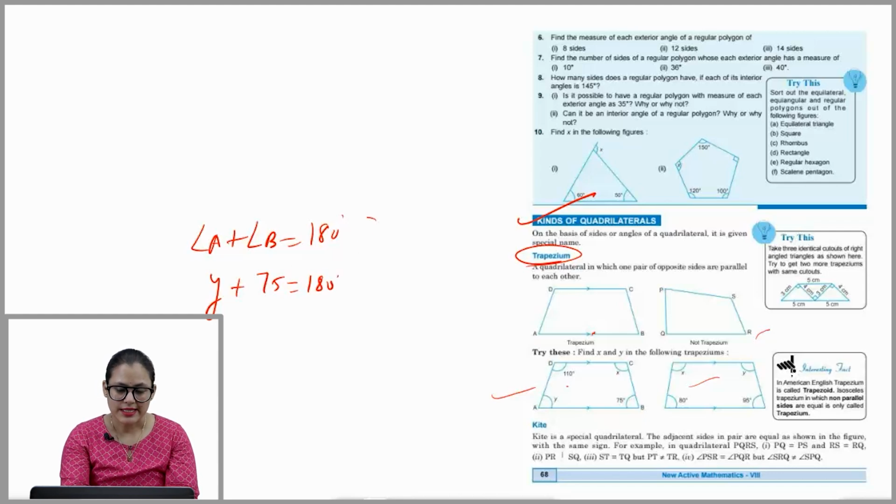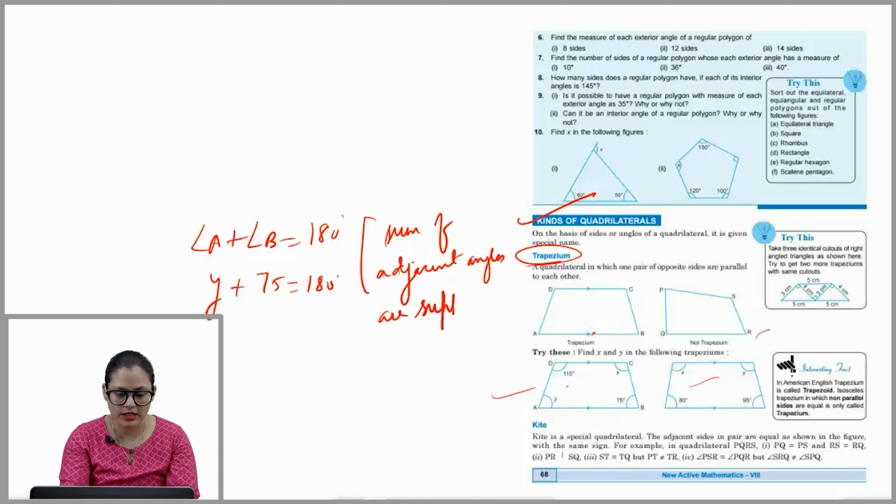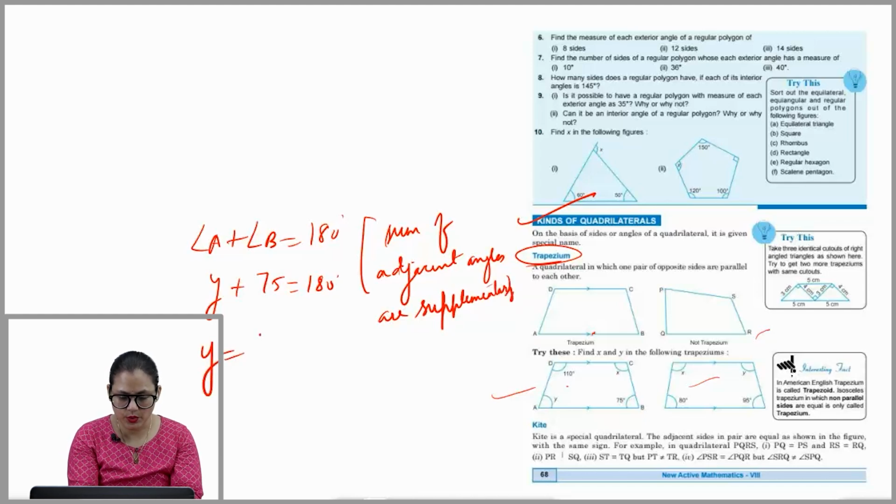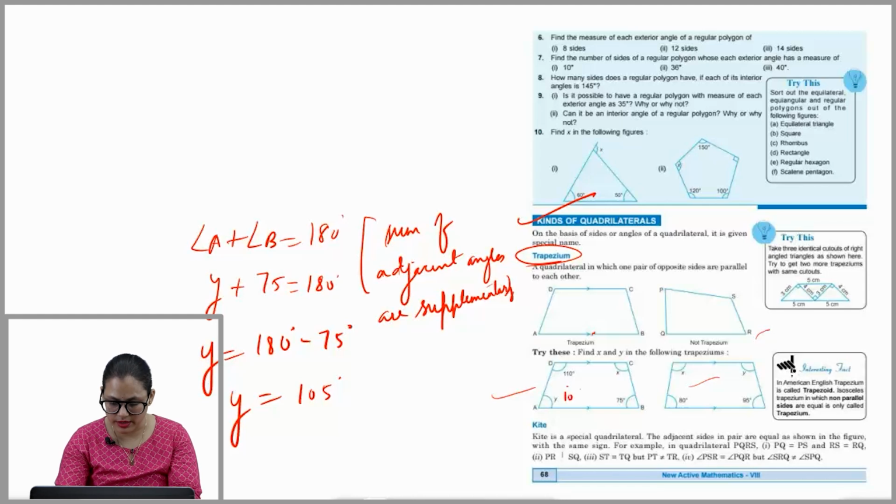If you remember, the sum of adjacent angles is supplementary, right? That's why we have written 180 degrees here. Supplementary means 180 degrees. Okay, so y is equal to 180 degrees minus 75 degrees, and y is equal to 105 degrees.